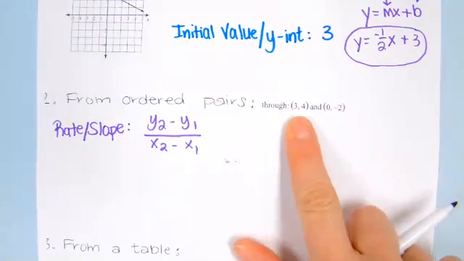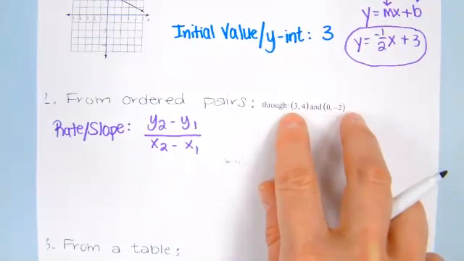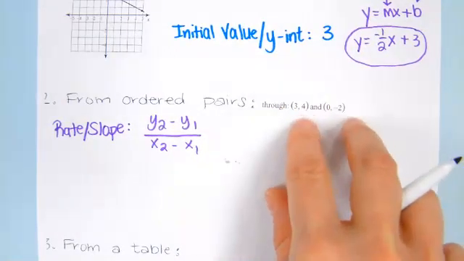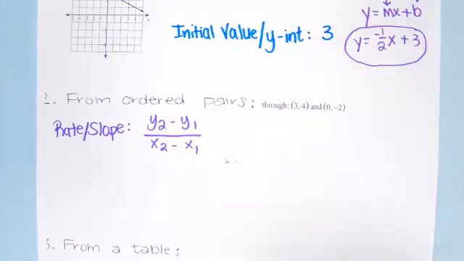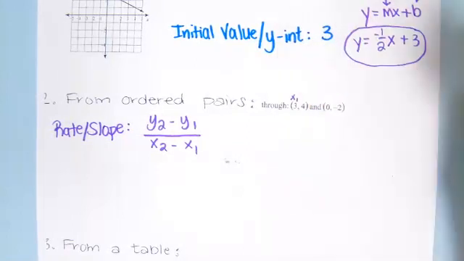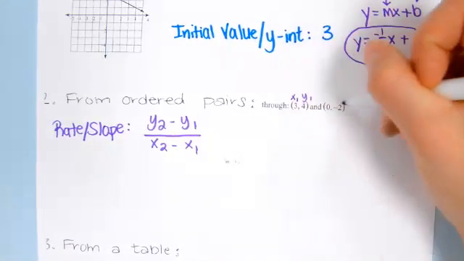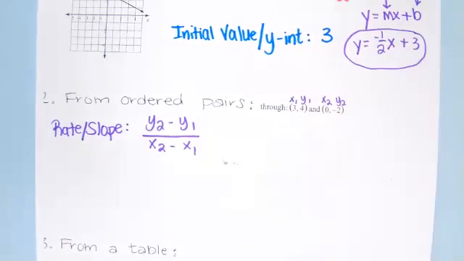So what are the labels that go on your two ordered pairs? Give them to me in the correct order here. What do I put above the 3 and the 4 and the 0 and the -2? Mayana, go ahead. The first one is x1. Yep. And then what? Yep. Perfect. So x1, y1, x2, y2, and then the formula, just realize it's backwards from that.